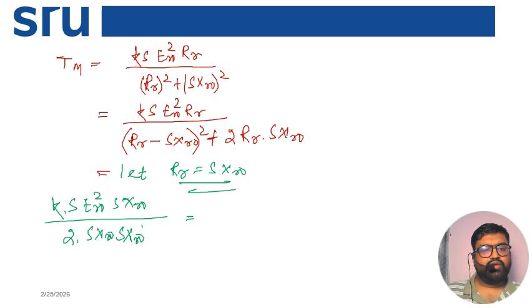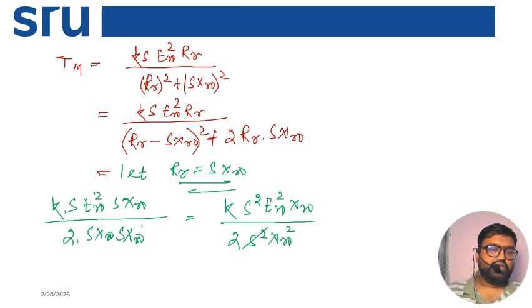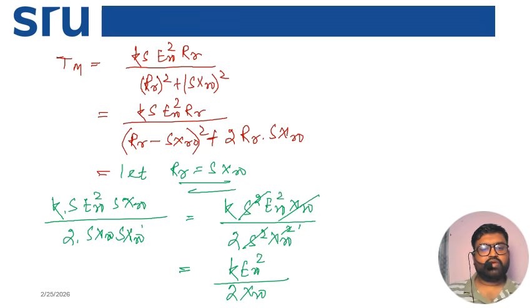That means it becomes K into S square Er0 square into Xr0 divided by 2 into S square Xr0 square. Then S square is cancelled out. What you get is K into Er0 square divided by 2 into Xr0. This is one formula you are getting.